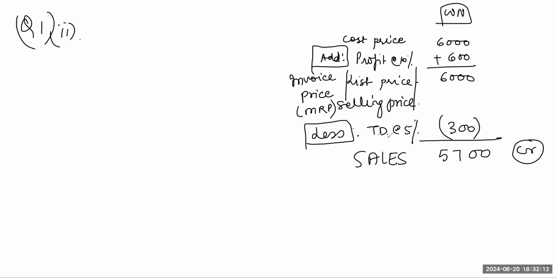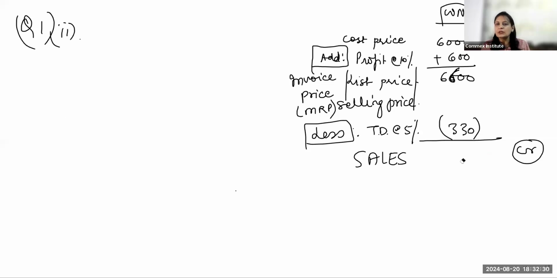Ma'am, won't it be 660? It became 6,600, sorry. I wrote that but didn't add it. So this will be 6,600, and 5% of it would be 330.